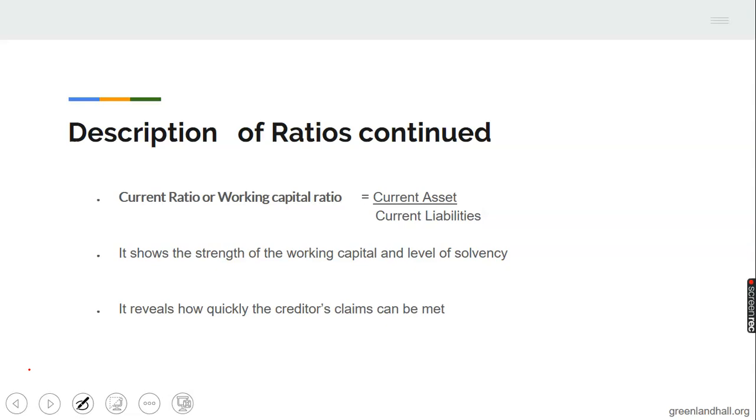It reveals how quickly the creditors' claims can be met. That is, if the creditors want the business to pay them immediately, this will show whether the business is able to meet such demands.